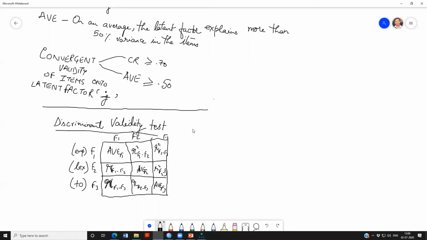Now, the discriminant validity test. What are we trying to prove here? We are trying to prove whether F1, F2, F3 are distinct or they have a significant overlap.